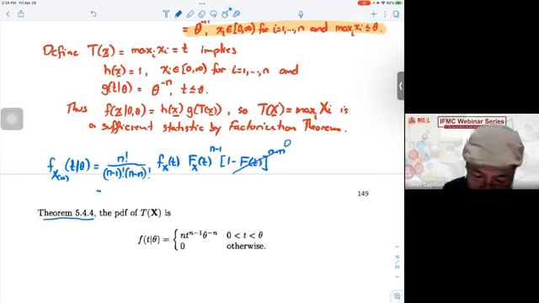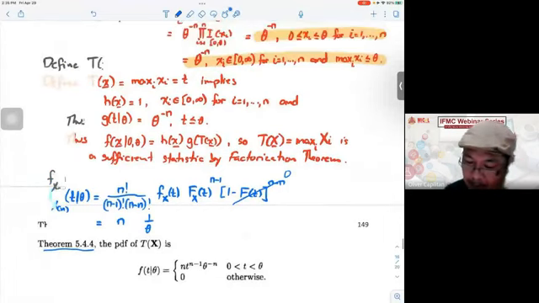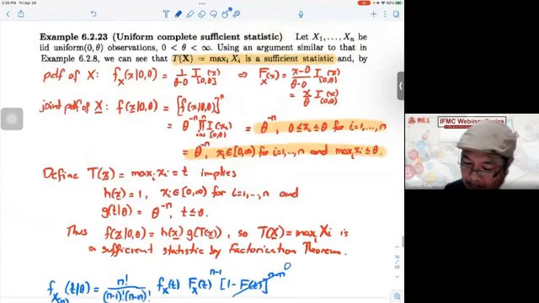So this part, n factorial divided by that, the result is just n. Using the above, the PDF is 1 over theta. What about the CDF? It's above, this part here.